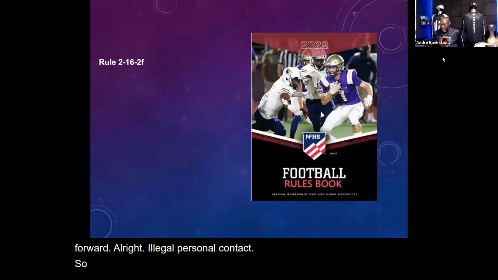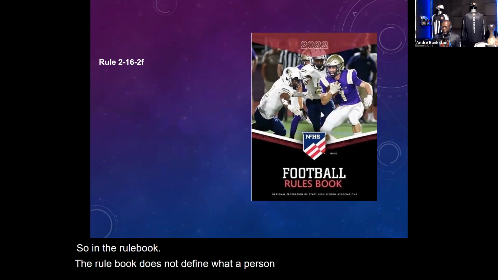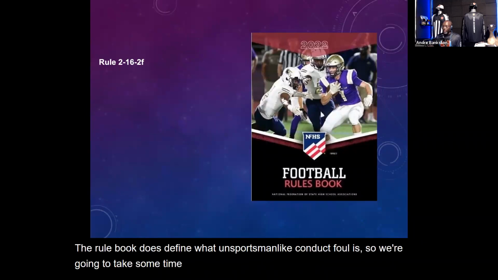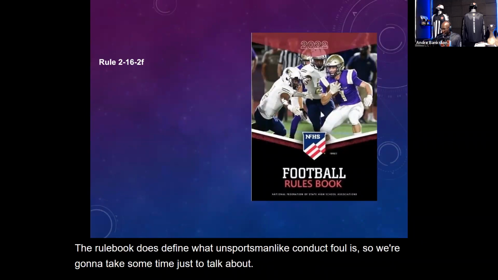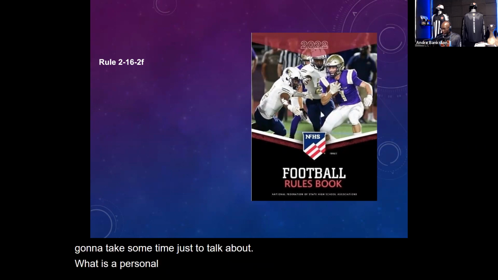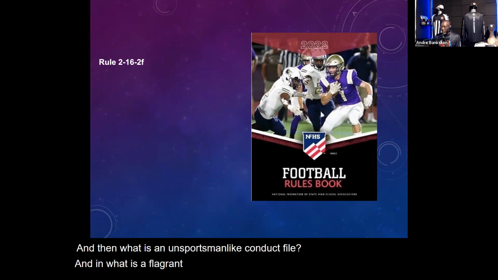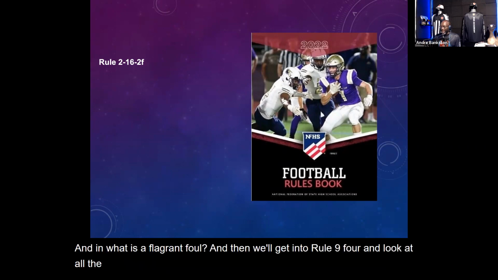In the rule book, the rule book does not define what a personal foul is. The rule book does define what an unsportsmanlike conduct foul is. So we're going to take some time to talk about what a personal foul is, what an unsportsmanlike conduct foul is, and what a flagrant foul is. Then we'll get into Rule 9.4 and look at all the different types of fouls that are considered personal fouls.